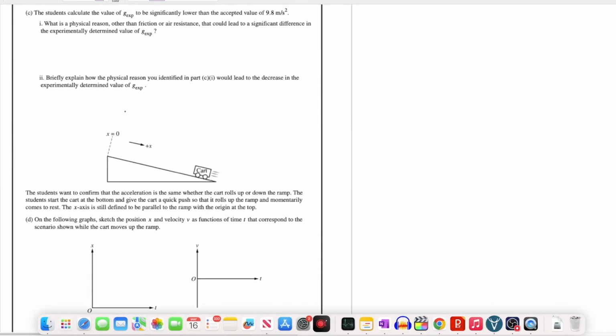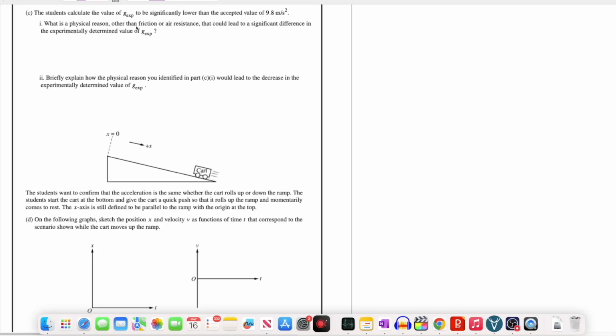Part C. The students calculate the value of g experiment to be significantly lower than the accepted value of 9.8 meters per second squared. What is a physical reason other than friction or air resistance that could lead to a significant difference in the experimentally determined value of g experiment?